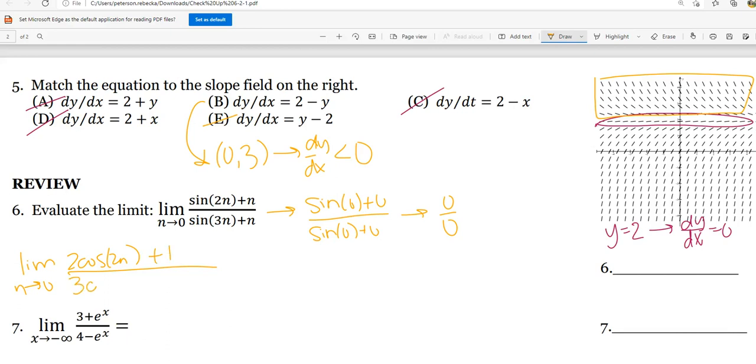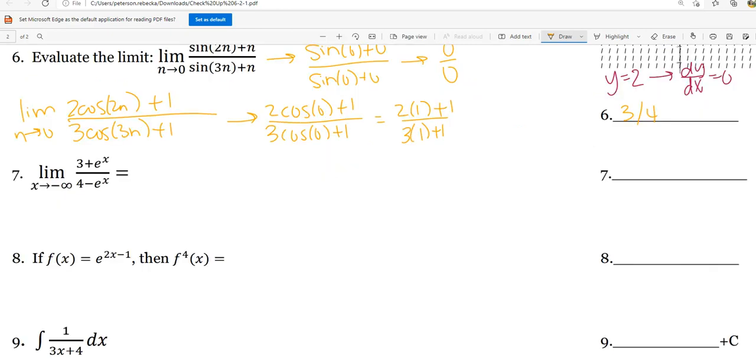Similarly here, we've got 3 cosine of 3n plus 1. When I plug in 0, I get 2 times cosine of 0 plus 1 all over 3 times cosine of 0 plus 1. Cosine of 0 is 1. So final answer, I'm getting 3 over 4.